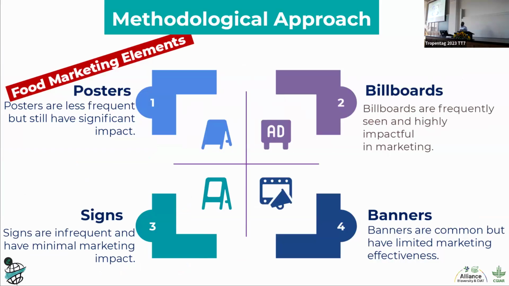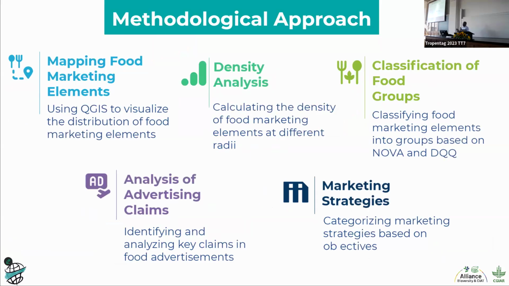What are we calling food marketing elements? In this study, we consider all the posters, the billboards, the banners, and also signs, everything used to promote food within the food environment. And at the end, we came up with these 5 aspects.